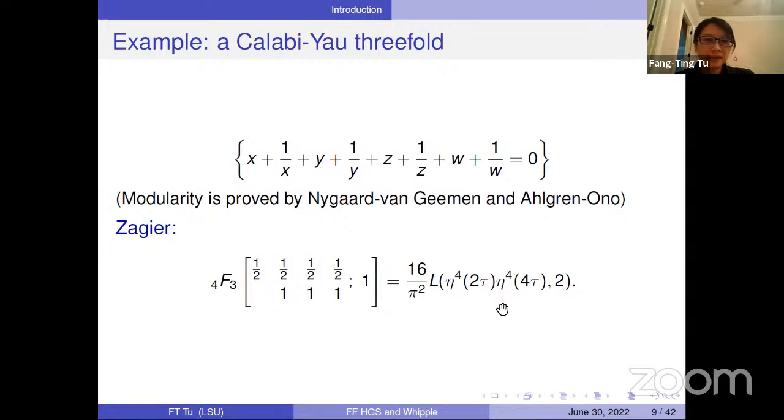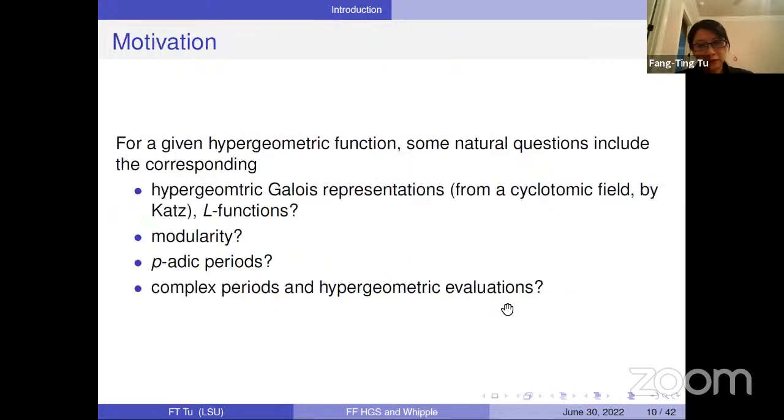Similarly, Rogers showed that we can write the 4F3 values in terms of the special L-value of this weight 4 eigenform.